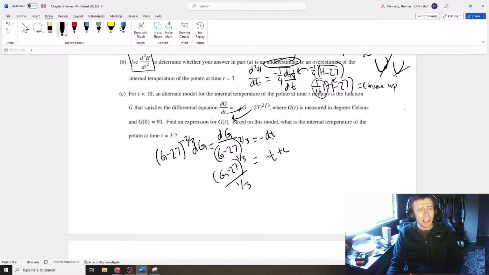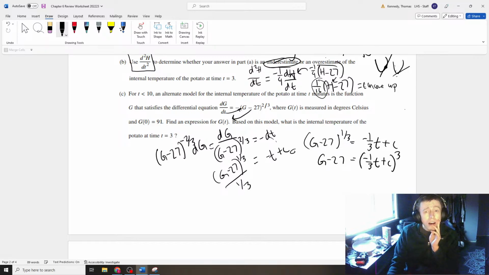Anyways, we can multiply by 3 on both sides and get (g minus 27) to the 1/3 equals negative t plus a new c. Then we cube both sides and we get g minus 27 equals (negative t plus c) cubed. And then we add 27, so g equals that stuff cubed plus 27.